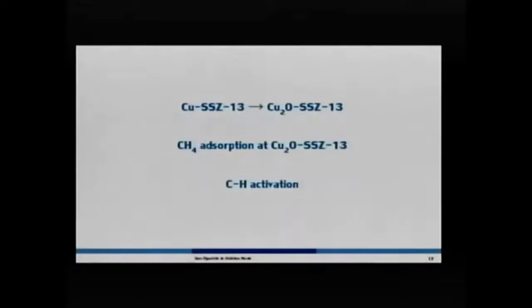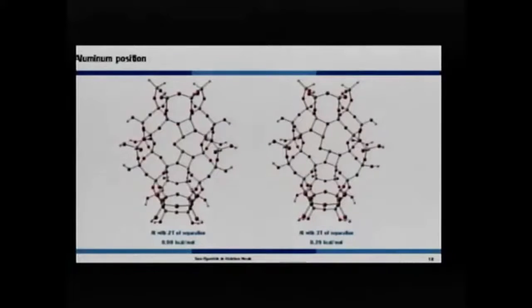Now we study methane adsorption at the zeolites and study the DC8 activation. We activate the site, put another copper atom and activate it with oxygen, and we change the aluminum position.